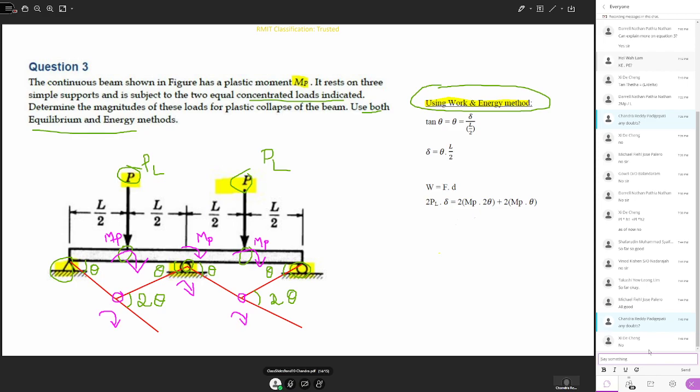Now the load applied is PL here. For the displacement, you can consider this is the vertical displacement delta. So this is the vertical displacement delta.